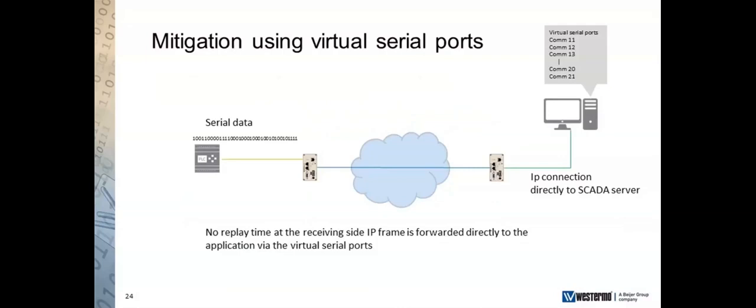Another trick you can use when you're migrating serial to IP environments is that you can start using virtual serial ports on your systems. Now, this is an incredibly efficient way of upgrading the systems across, particularly in utilities where you have many, many serial ports and many, many connections going out to hundreds, potentially thousands of sites.